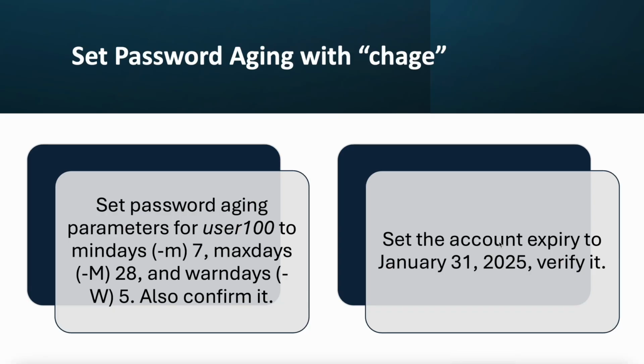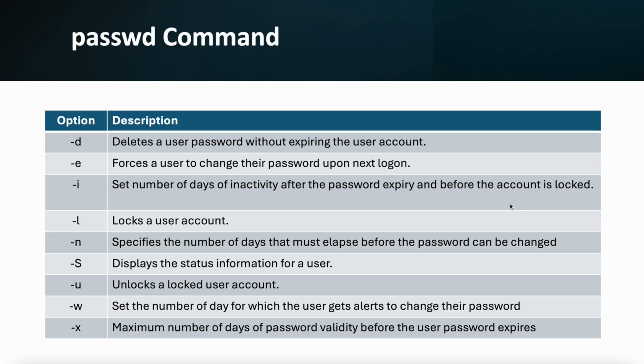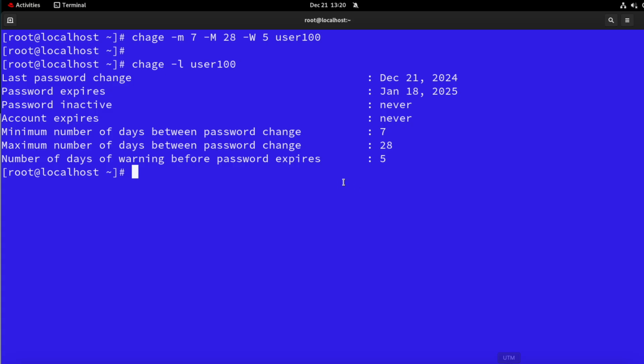Second, they are asking to set the expiry to January 31st, 2025. So let's do this. Again the command is the same, chage -E for the expiry. The format is year-month-date.